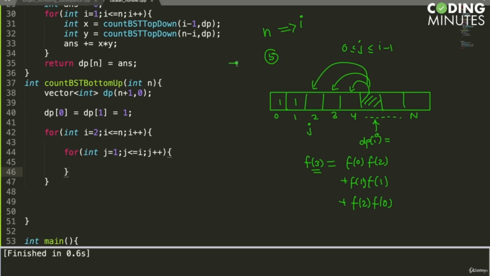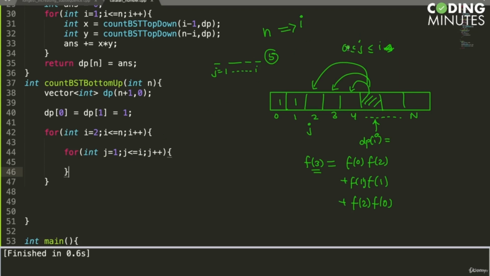So we are iterating from j equal to 1 till j less than equal to i. That means we are treating all the nodes as root node. So this should actually be i, so we should go from 1 till i.